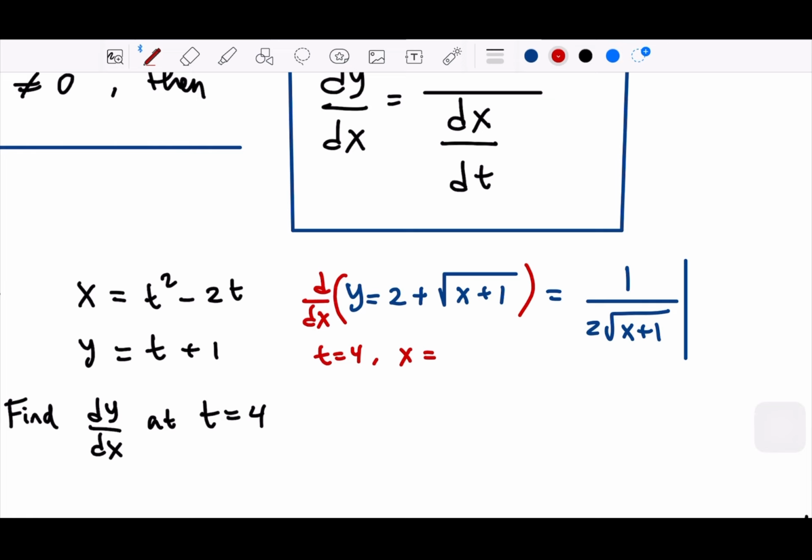It's 16 minus 8, it's 8, right? So this will be 1 over 6, okay? One way.